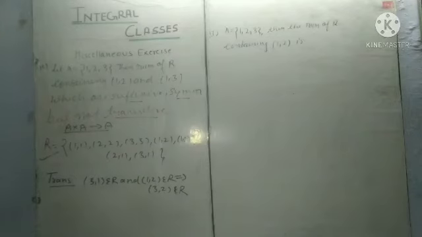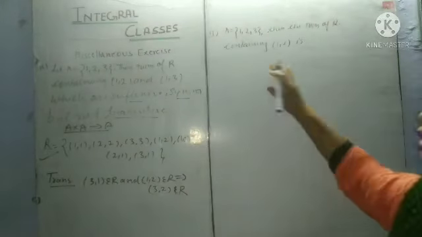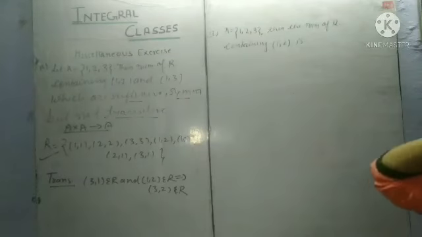On the other side, question number 17. In question number 17, student, again we are given the same set A equal to 1, 2, 3, and we will write the number of relations which contain the pair 1 2.